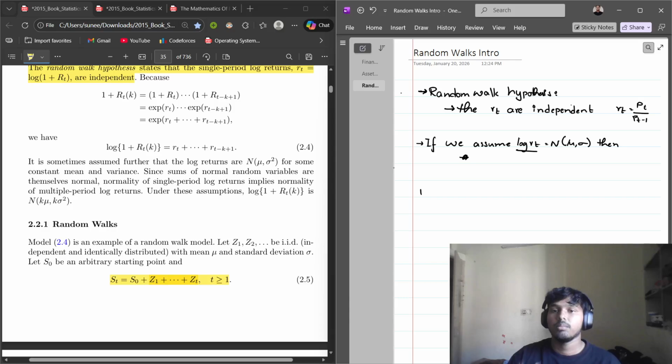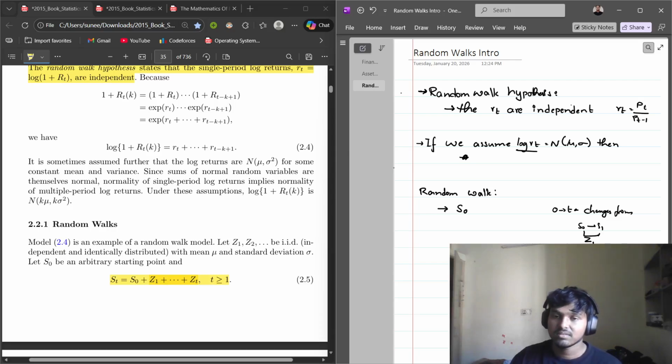So a random walk is like you're at state S_0, and over time 0 to t this changes from S_0 to S_1, and the difference here is, let us say, Z_1.